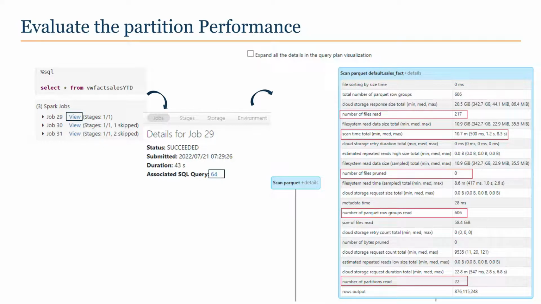Once we execute a query, we can see the jobs, and we can see the SQL query plan. In the query plan, we can see details like the number of files read, how much time was spent on scanning, how many groups were read, and how many partitions were read.